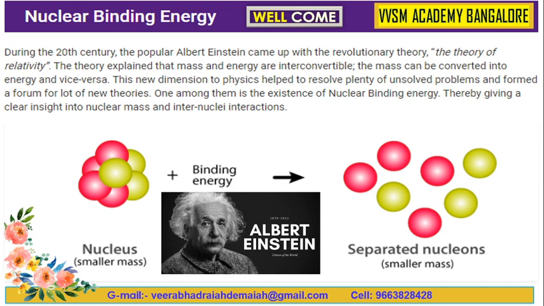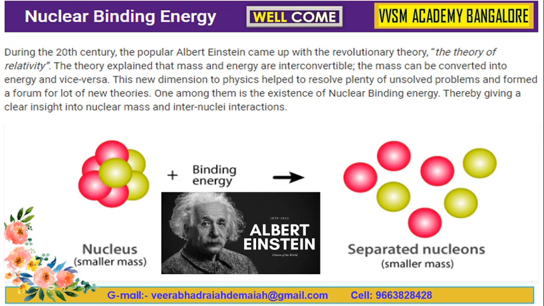So, if you observe the slide, Albert Einstein is responsible for Einstein's mass energy relativity. In the nucleus, smaller masses, the nucleons like protons and neutrons, are bound together with a sort of binding energy.